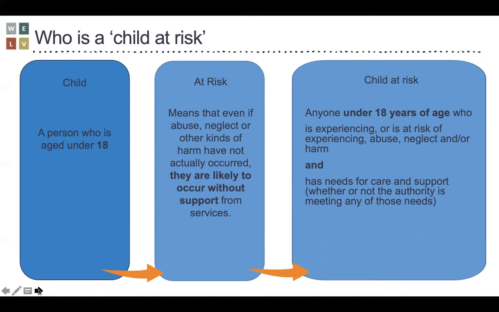And by that we mean that even if abuse, neglect, or other kinds of harm have not actually occurred, they are likely to occur without the relevant support from services. So bringing those two elements together, the definition of a child at risk for the purposes of these procedures is anyone under the age of 18 who is experiencing or is at risk of experiencing abuse, neglect, and/or harm, and has needs for care and support, regardless of whether the authority is meeting any of those needs.